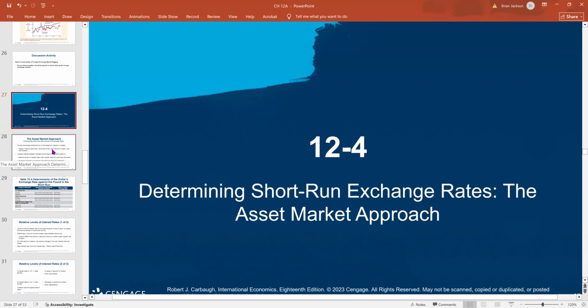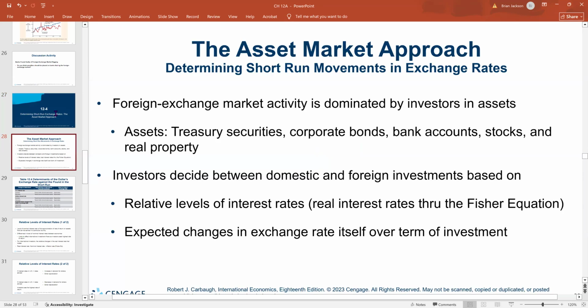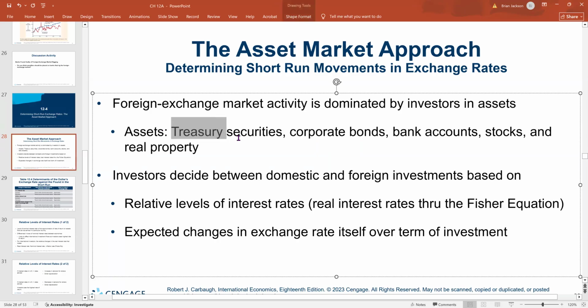So you have, in fact, all asset classes. We think primarily in this theory of the asset market approach applying to assets like treasury securities, corporate bonds, and stocks and so forth. Those are called financial assets, but also real assets as well.